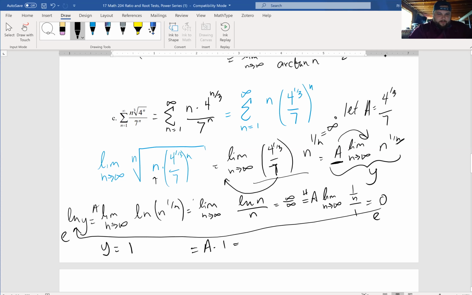It's just a multiplier. And at the end, a times this limit goes to 0. You still get e to the 0. And you just get 1 at the end for the whole thing. But I will double check that.